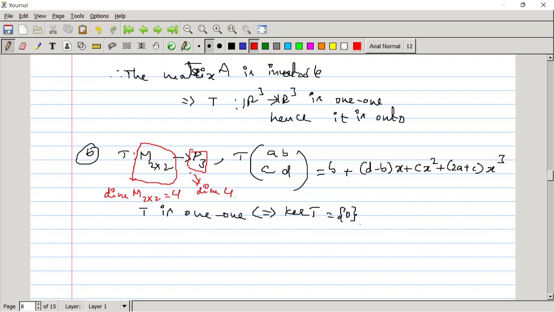Whenever the dimensions of domain and codomain are the same, T is one to one if and only if kernel T is equal to 0. So it is enough to check whether kernel T is the singleton set 0 or not.